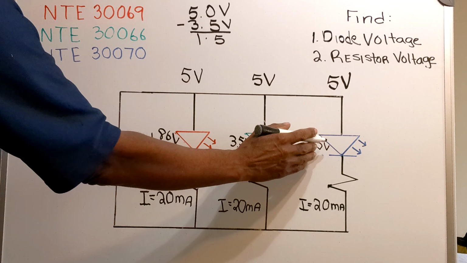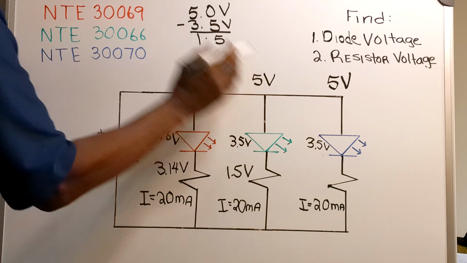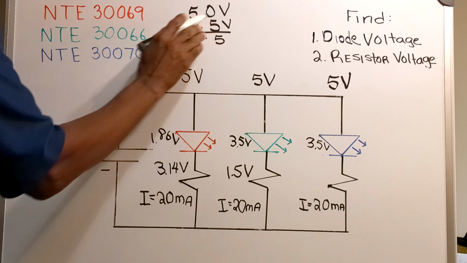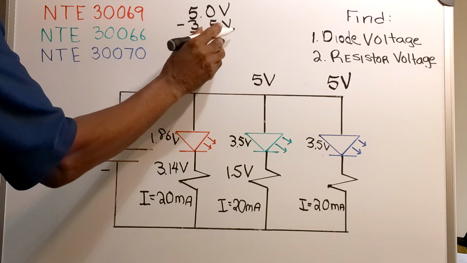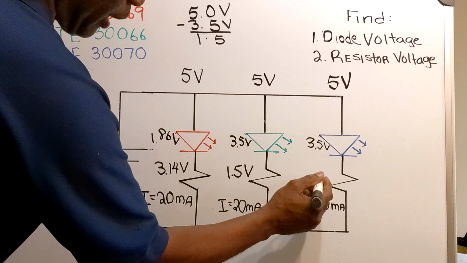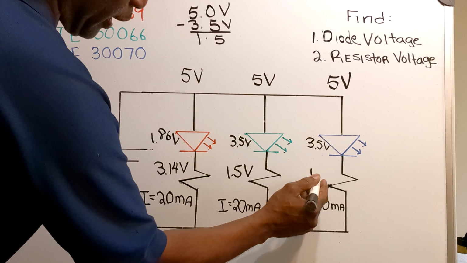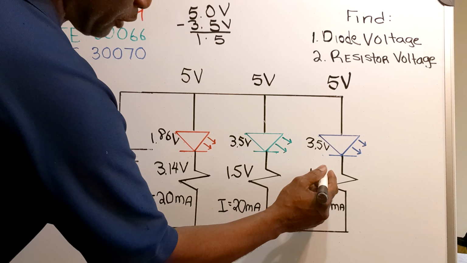And for branch number 3, 5 volts minus 3.5 volts, and that will also give you 1.5 volts across the resistor in branch number 3.